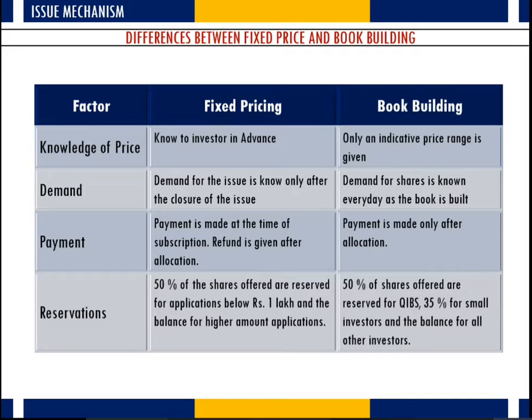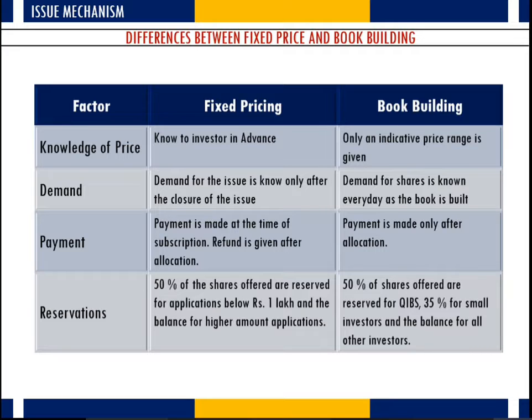So by looking at the subscription percentage on day one and day two, you can easily estimate how the demand would be for company shares, and the moment it hits the stock markets, whether the prices will shoot up or not, you will get an idea. That idea you will definitely not get in the fixed pricing method, because there the subscription data is revealed only after the closure of the issue.